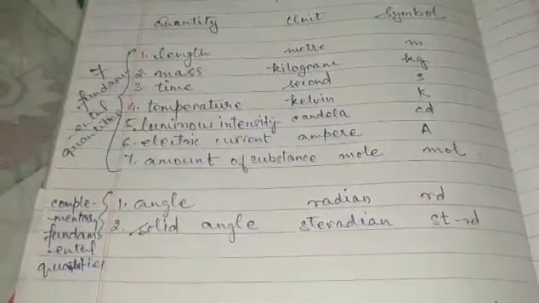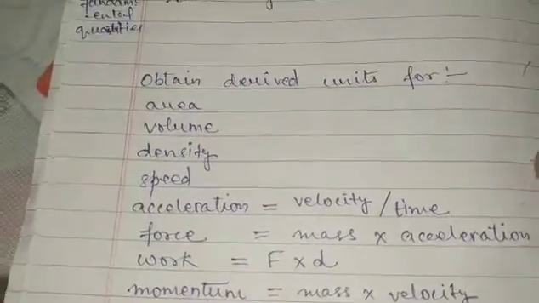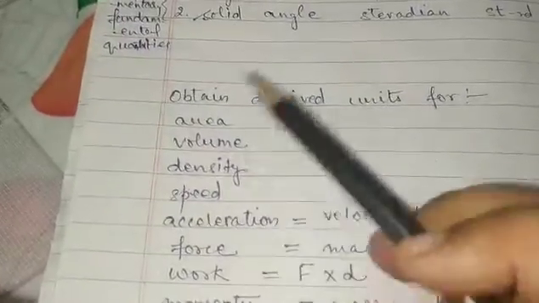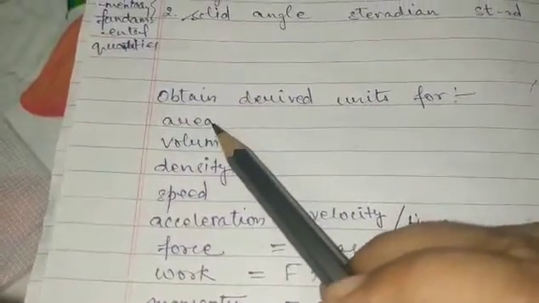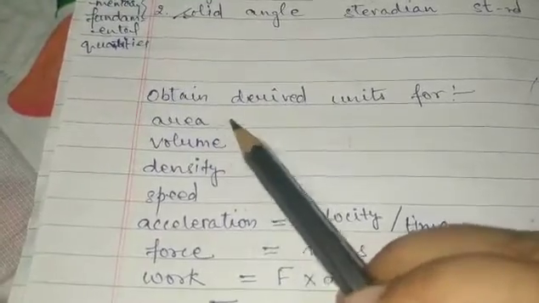Okay, and then on the basis of these units you have to derive these units. I told you about the derived units also. Just now in the previous video I showed you how I can derive the unit of area.